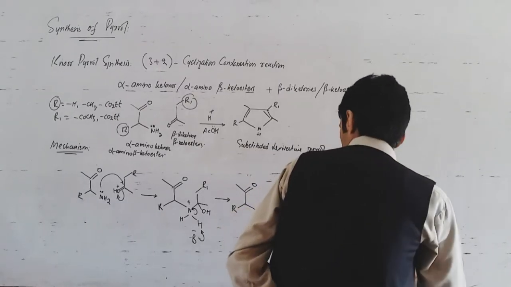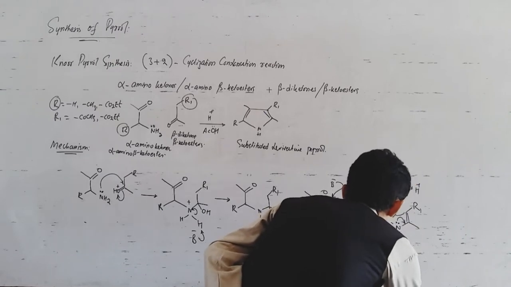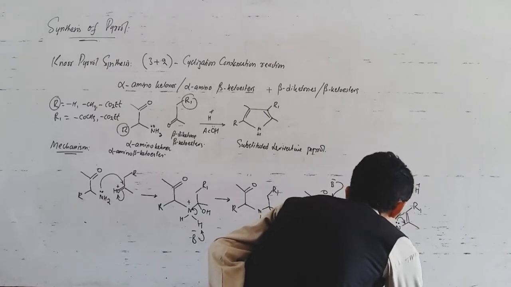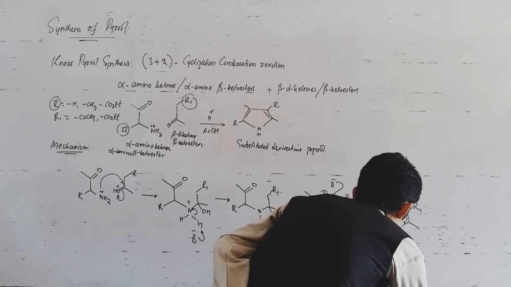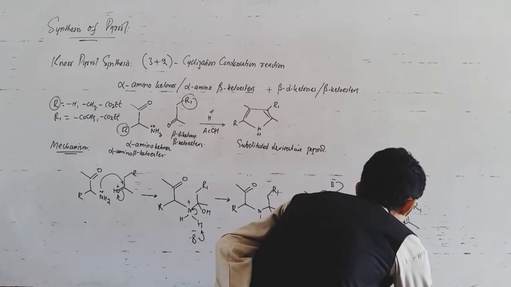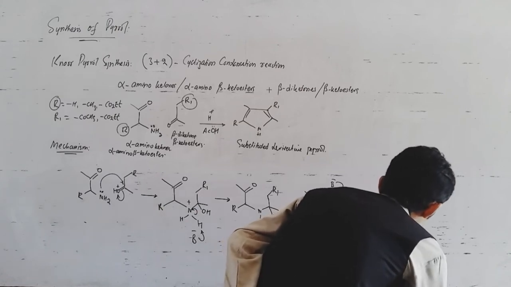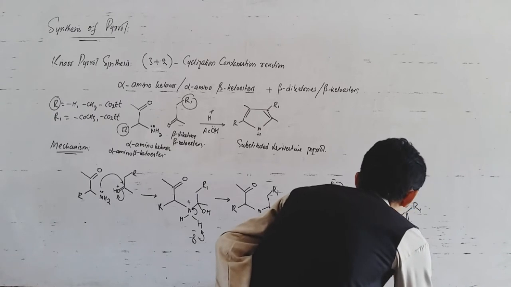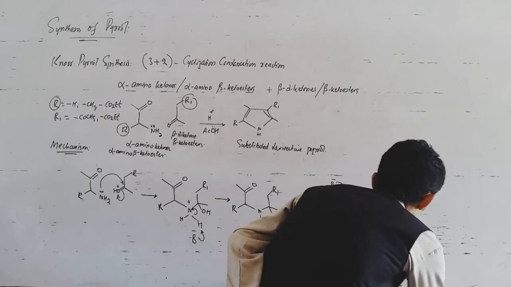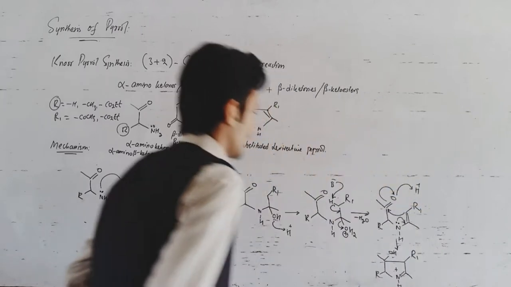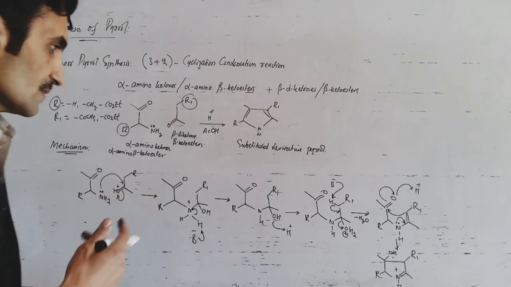The structure can be like this: O, R, nitrogen, hydrogen, positive charge will form, this will be a double bond. Here we have OH, this will be OH. Here we have R1 and here we have a methyl group. So, this will be the structure after cyclization.